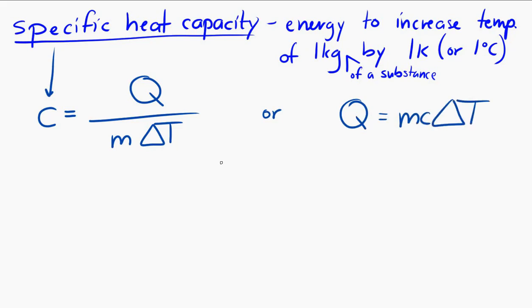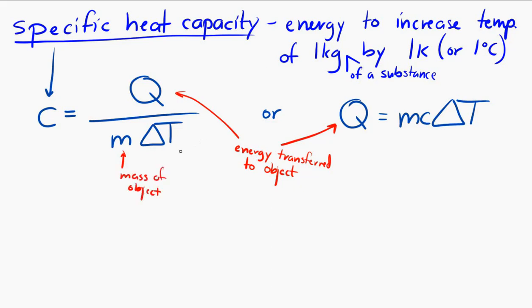In these equations, Q represents the energy transferred to the object. Okay, Q is the energy transferred to the object. It's the thermal energy that's passing into the object. m represents the mass of the object, and delta T represents the temperature change of the object.